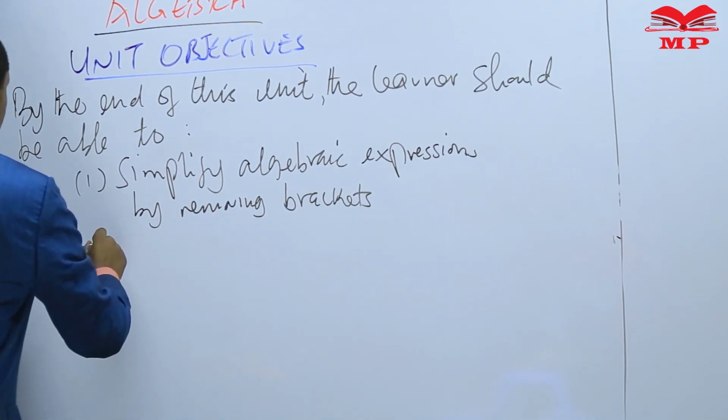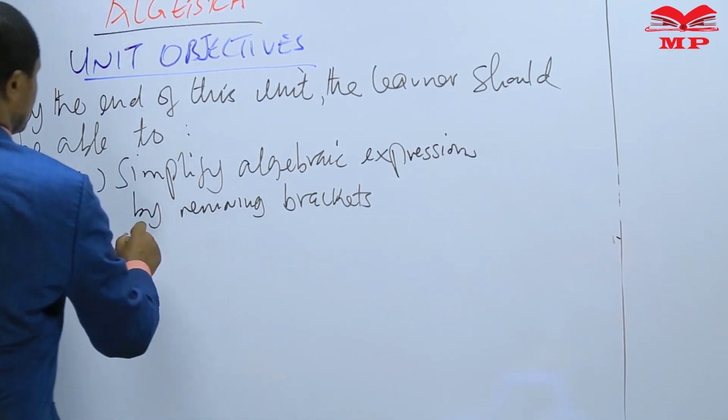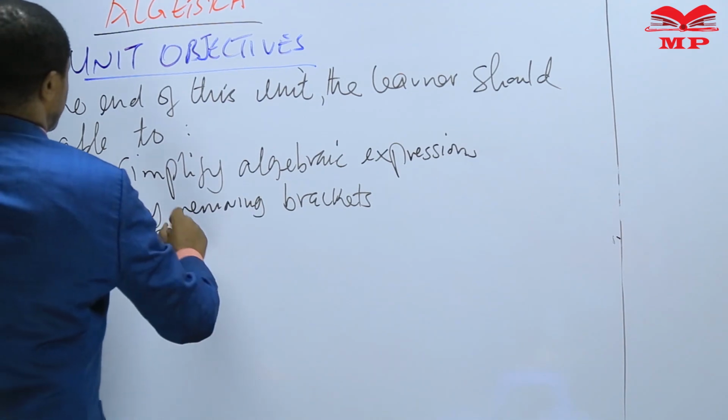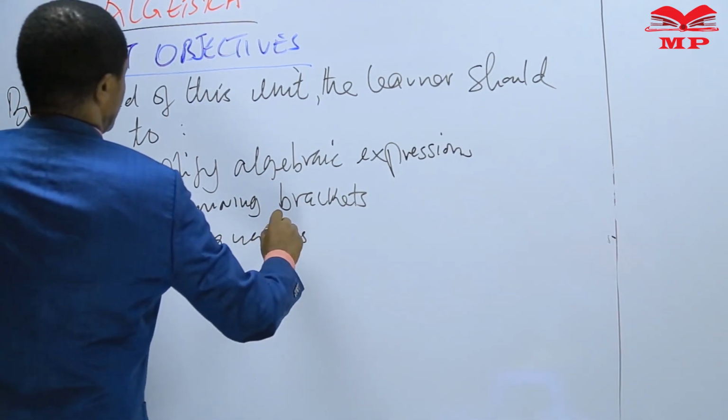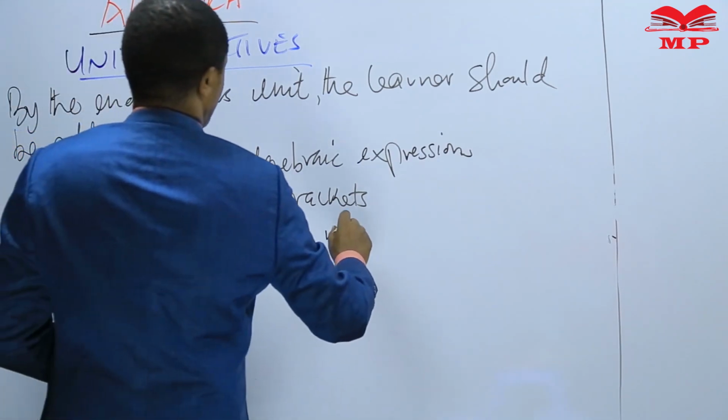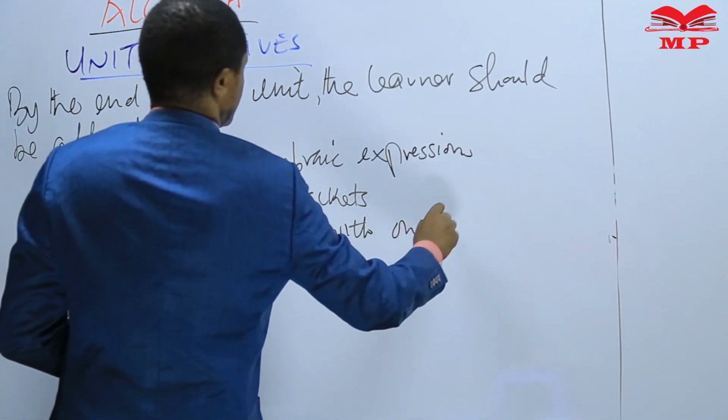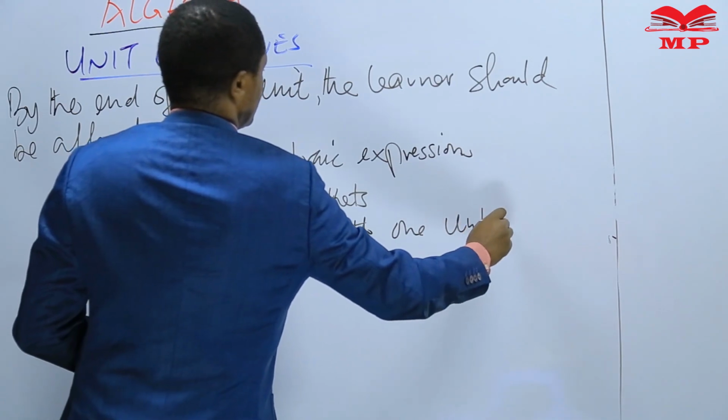Number 2, the learner should be able to solve equations with one unknown.